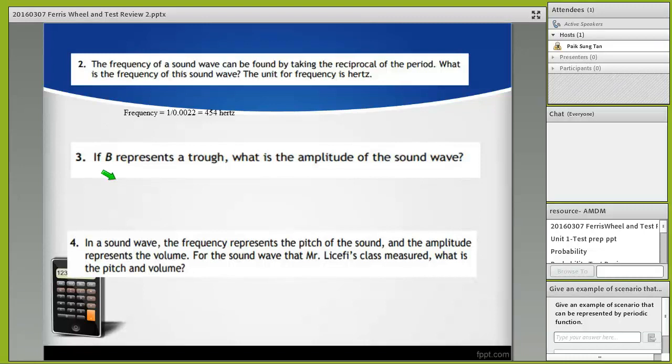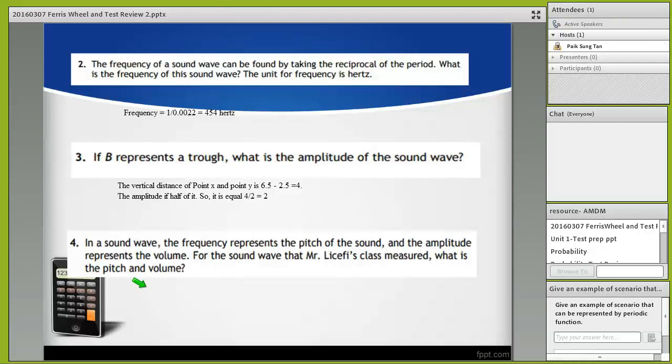We already talked about it. The frequency represents the pitch, so the pitch is 545 hertz.